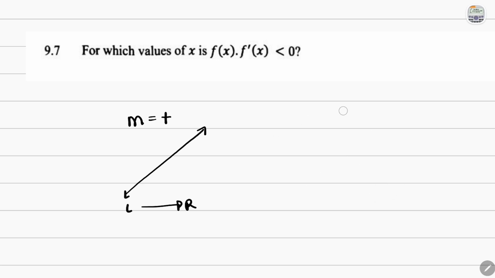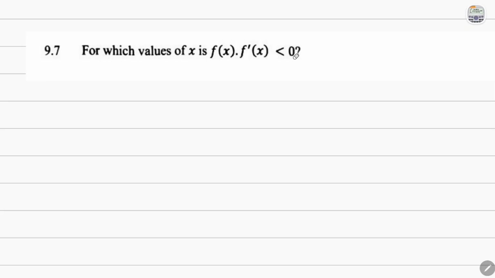So how you can just see this is they're asking you, for which values of x will you have f of x? f of x stands for the y values of f. So where will the y values of f multiplied by the gradient of f be negative, less than 0? So let's look at the possibilities.